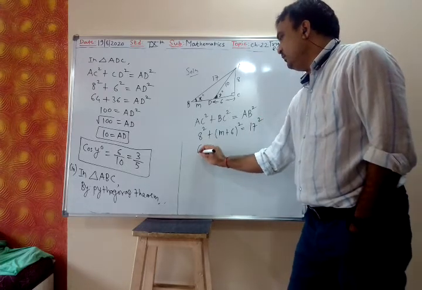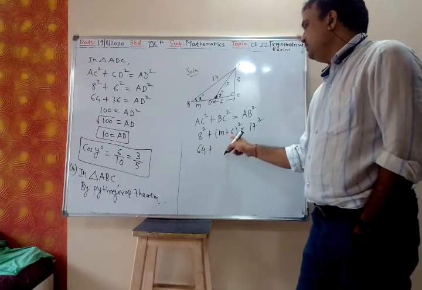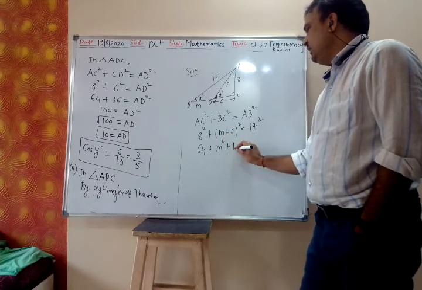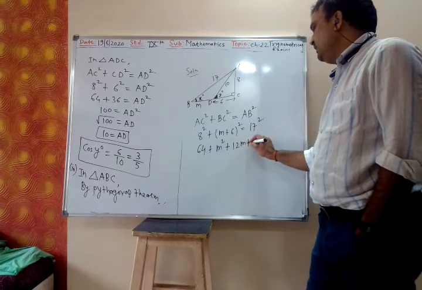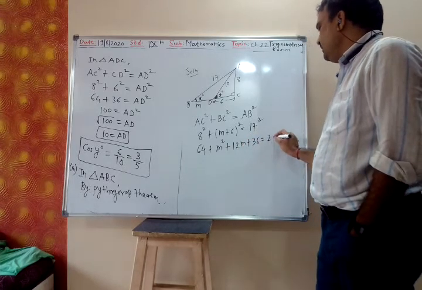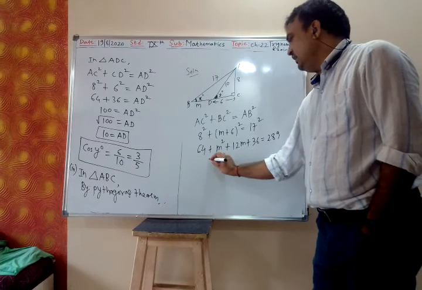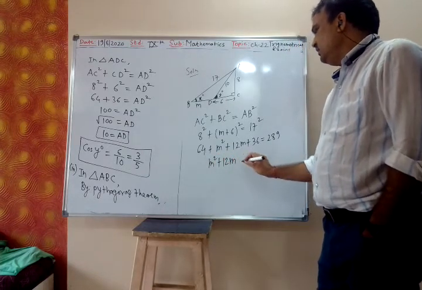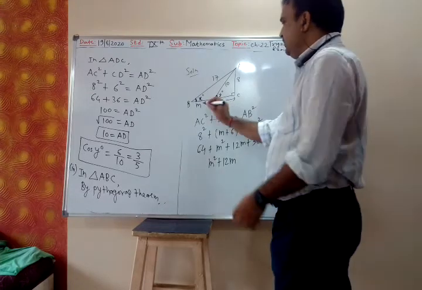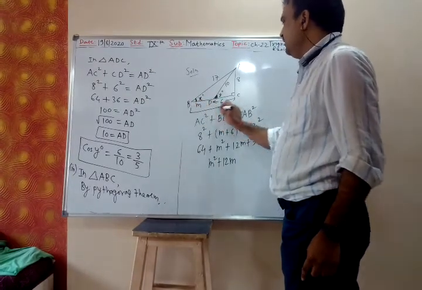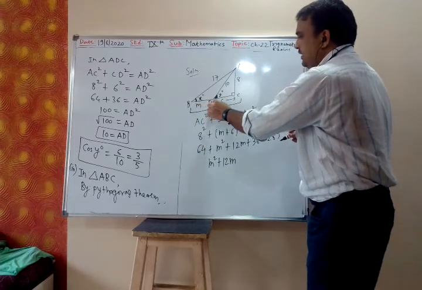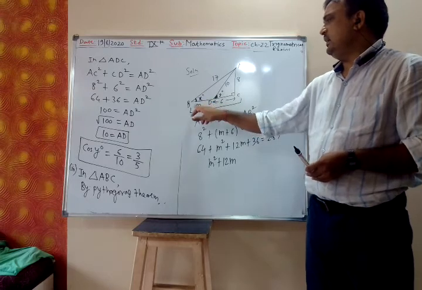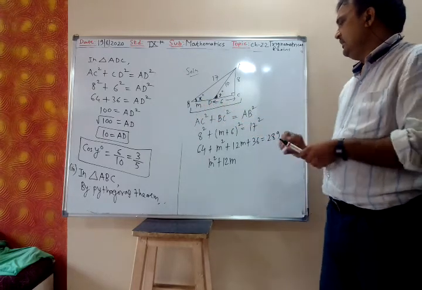So 8 square is 64. Now we use the formula a plus b whole square. So that is m square plus 12m plus 36 is equal to 289. Because BC is BD plus DC, so that is m plus 6.